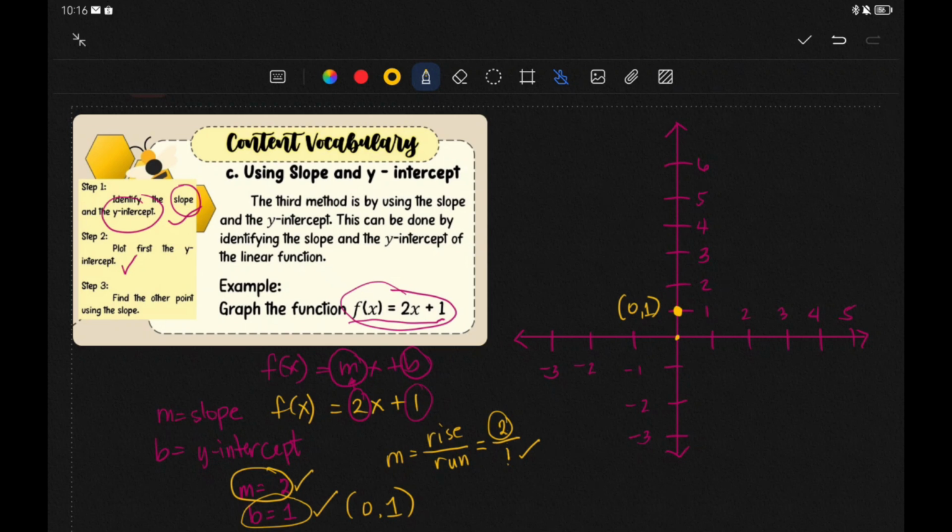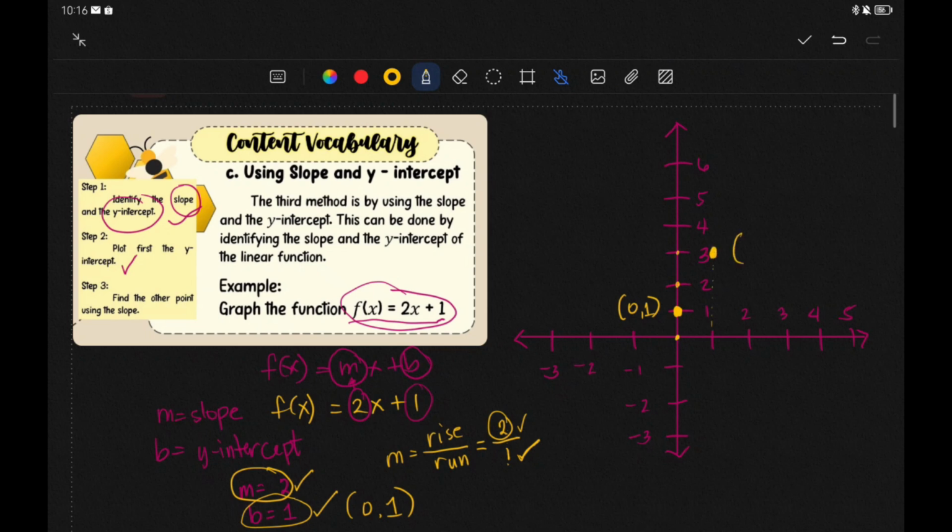Our rise, since this is positive, we are going to go upwards for 2 points. So from here, you need to go up 1, 2. After running 2 points upward, we are going to run 1 time forward. From here, we're going to run here.